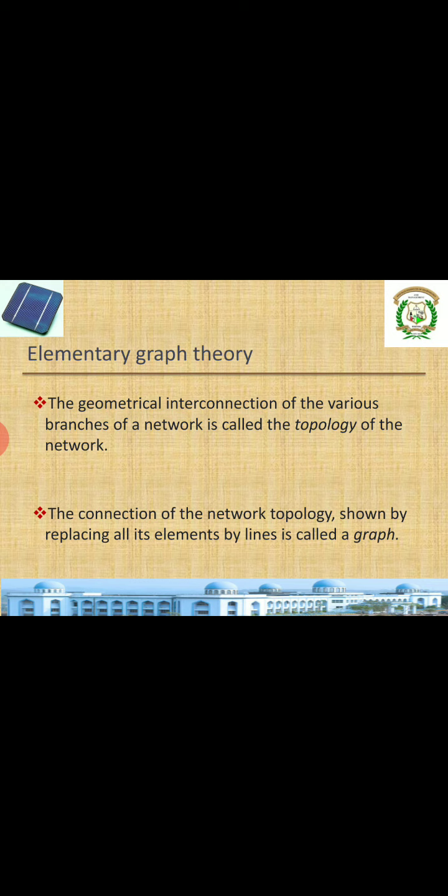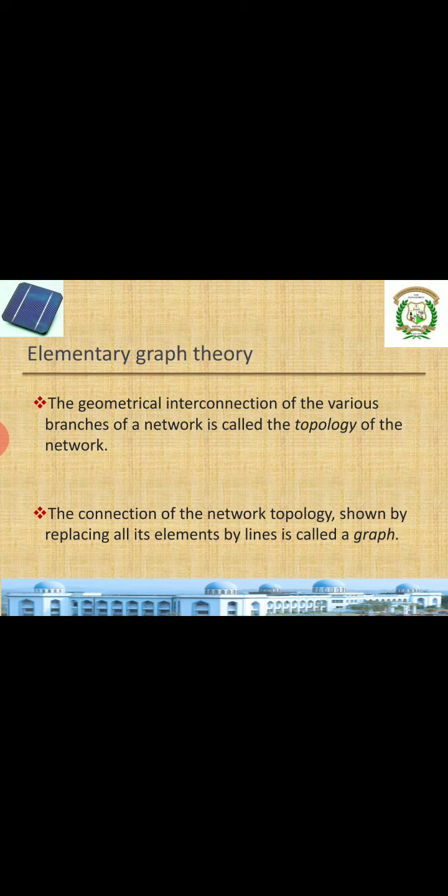The connection of the network topology shown by replacing all its elements by lines is called a graph. The main thing is, what is the difference between a graph and a network? A graph is obtained from the network only. This network might have a number of transmission lines, transformers, many other equipments, but all those elements are replaced by a line.